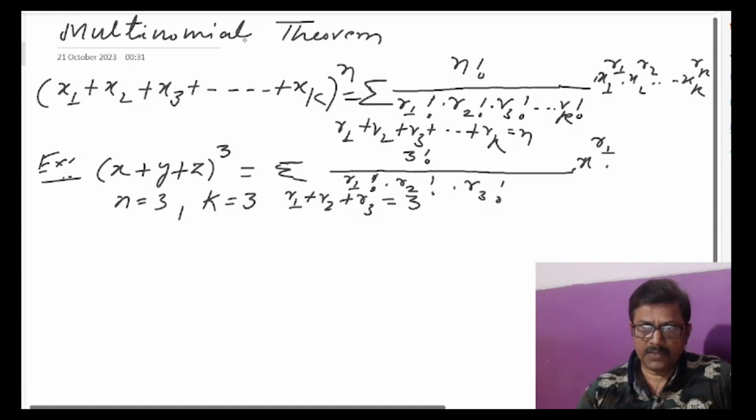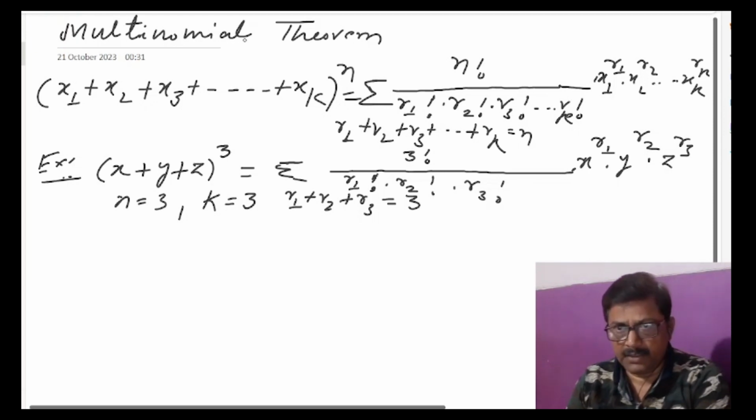Okay? Into x2. x2 is what? x2 is y. So y to the power R2. And x3 is z. So z to the power R3. So I applied this formula in our example.